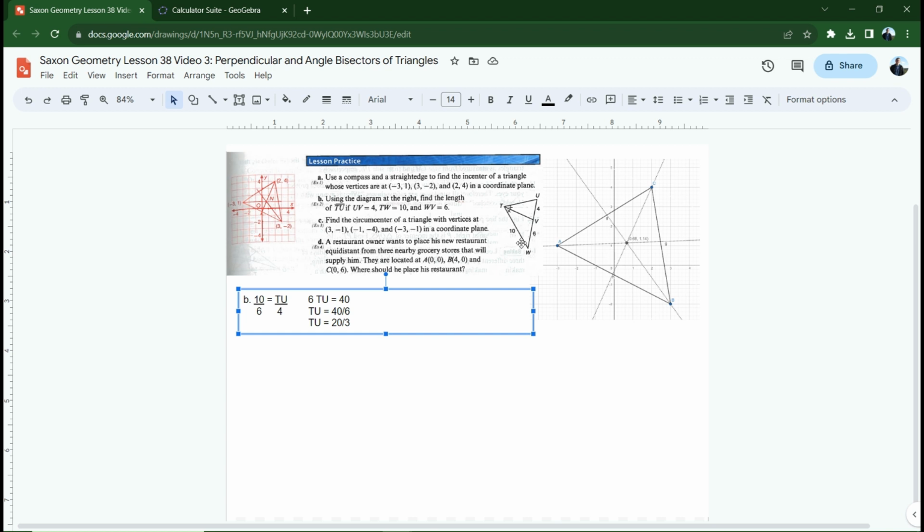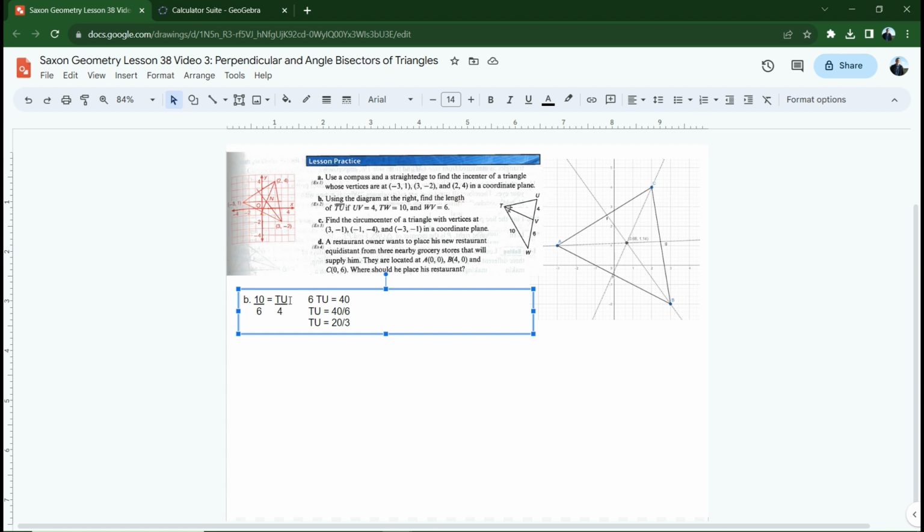It's really just the long side of the triangle compares to the short side of the triangle that's not the included side. The ratio of those two is going to be the same as the ratio of those same two sides but in the other triangle. So it's going to be the ratio of TU, the long side here, over 4, which is the short side here.